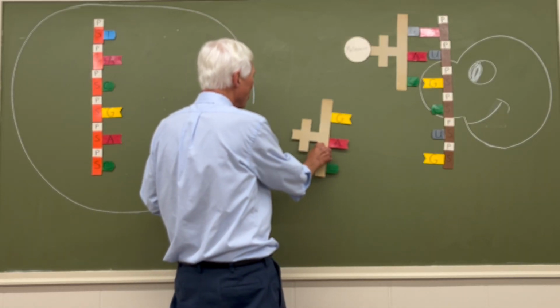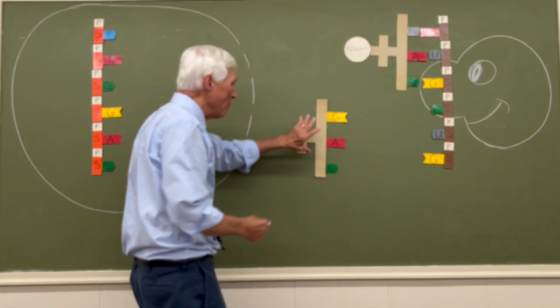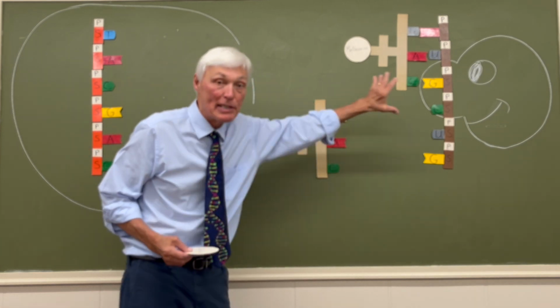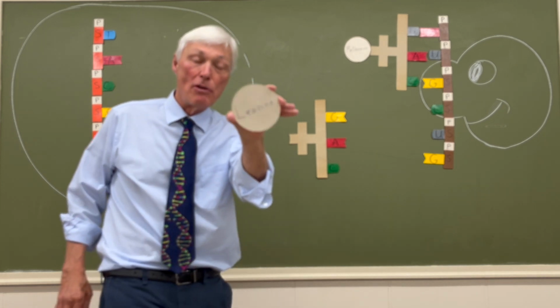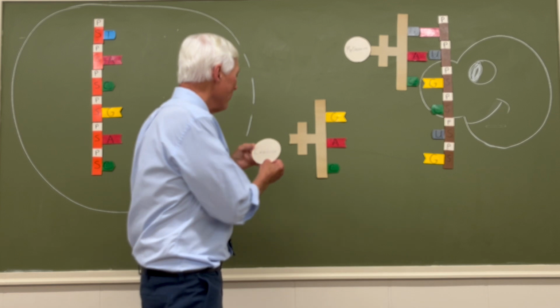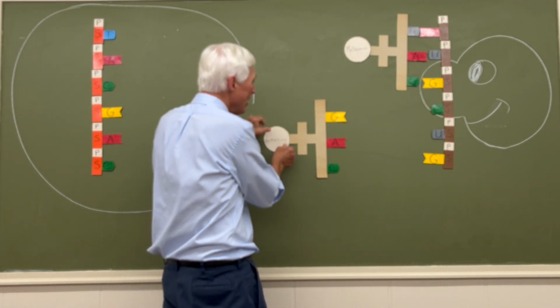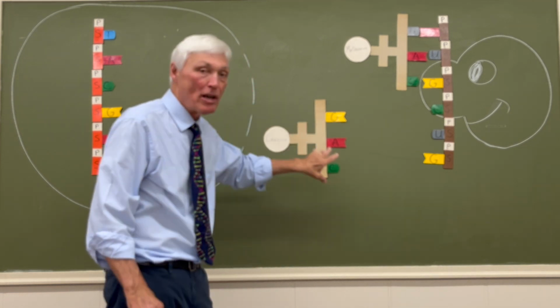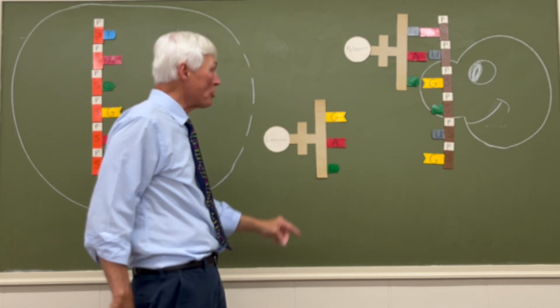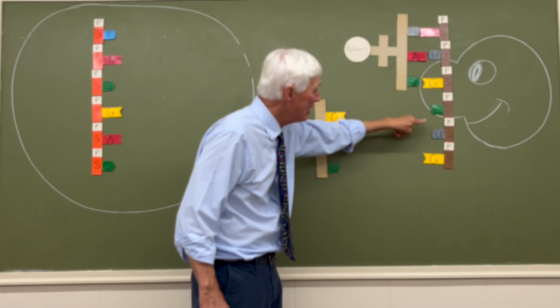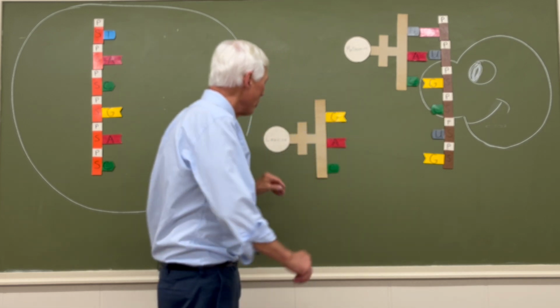And lo and behold, what do you know? There's another transfer RNA molecule floating around in the cytoplasm of the cell, carrying its cargo, this amino acid right here called leucine. There it is. Check out the anticodon on the tRNA, GAC. Looks like it's going to be attracted to this codon CUG.